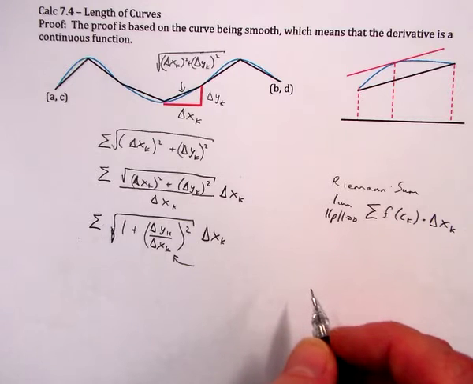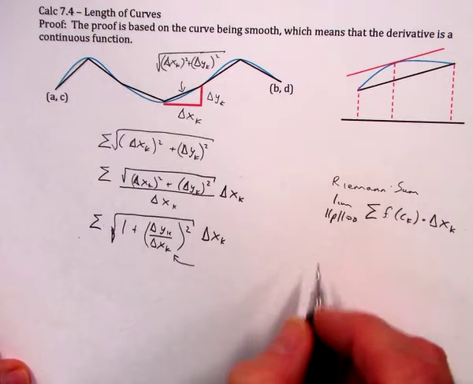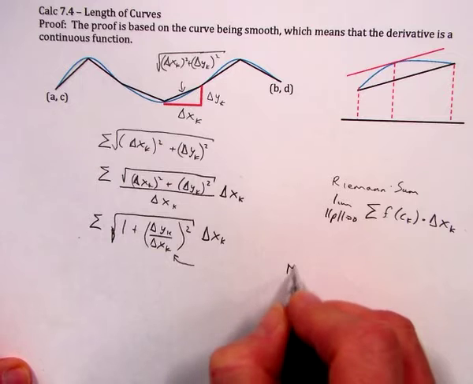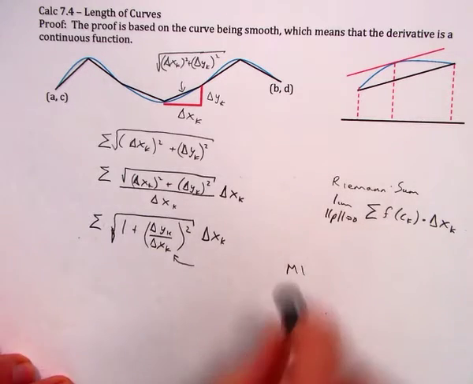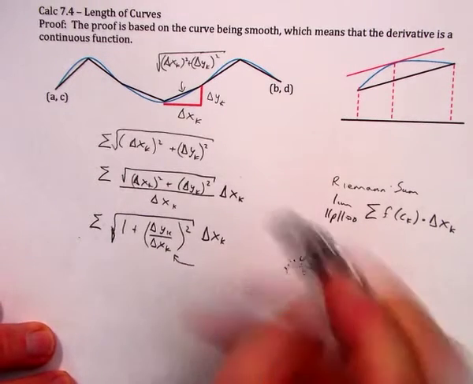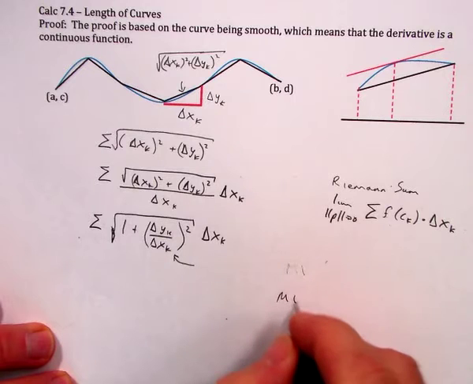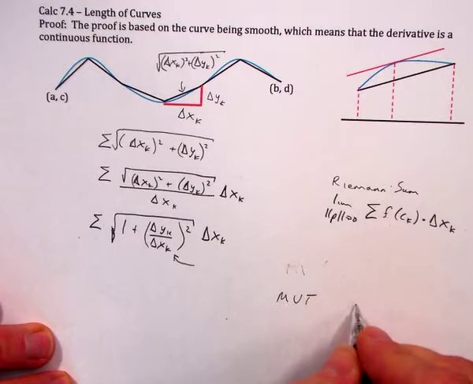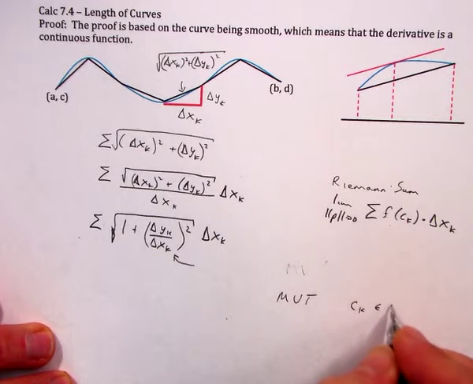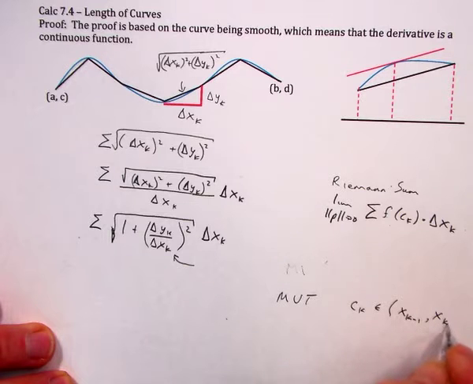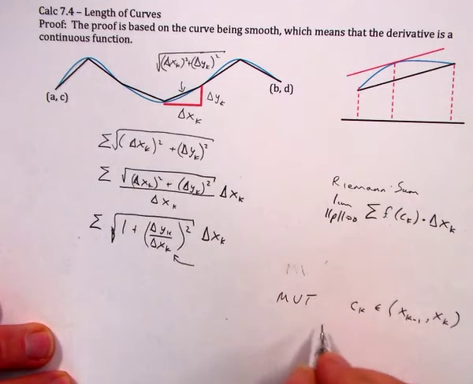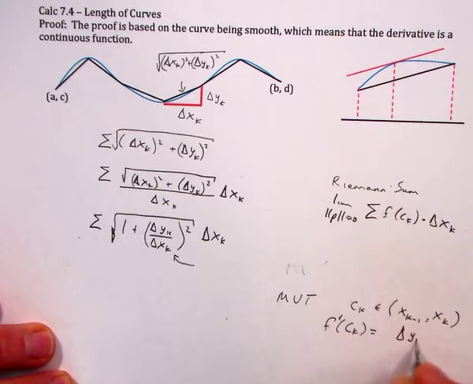So if it has a continuous derivative, it is differentiable. So we can say, using the MVT, there's some c sub k in the kth interval, x sub k minus 1 comma x sub k, where f prime of c sub k equals delta y sub k over delta x sub k.